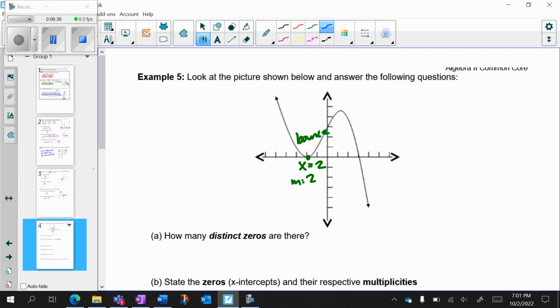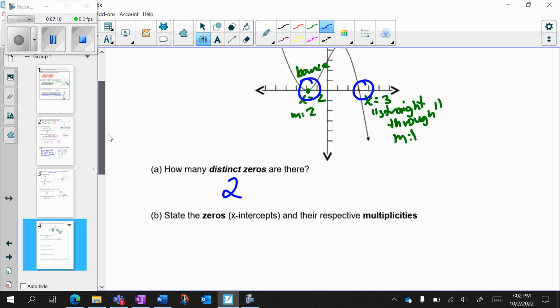Our minimum is here, our maximum is here, and here at x equals 3, we go straight through, which means it has a multiplicity of 1. Now the first question says A, how many distinct zeros are there? Remember we said distinct means unique, so there are only 2 distinct zeros at x equals -2 and at x equals 3.